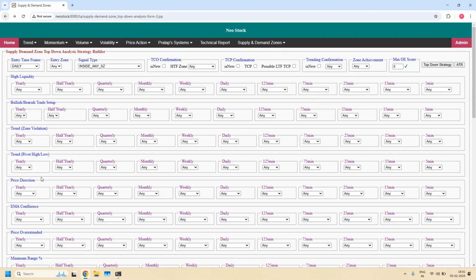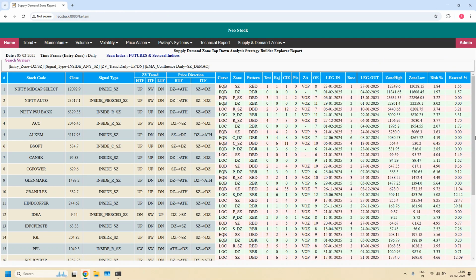Let's verify. In the EMA Confluence at a daily time frame, daily supply zone having daily EMA Confluence, and the trend on the daily time frame is either up or down. With these filters, we got 24 stocks. So first 15 stocks in the list.